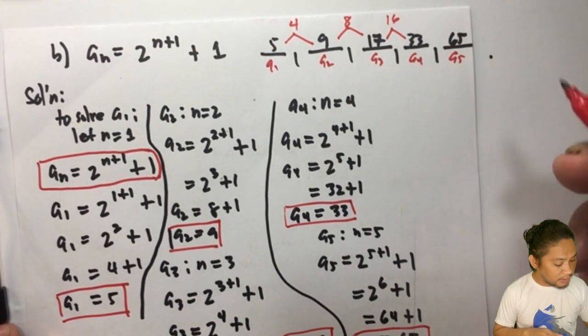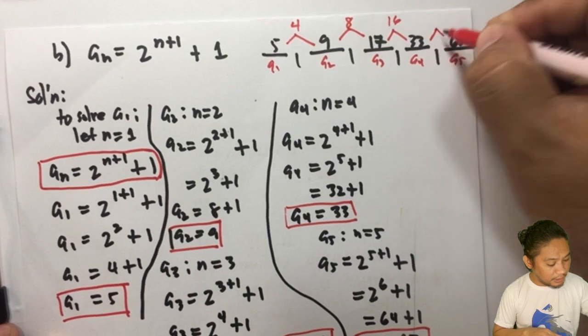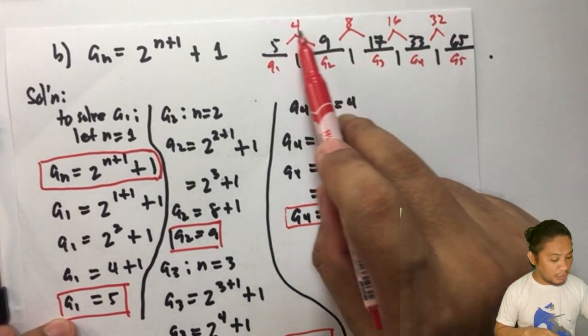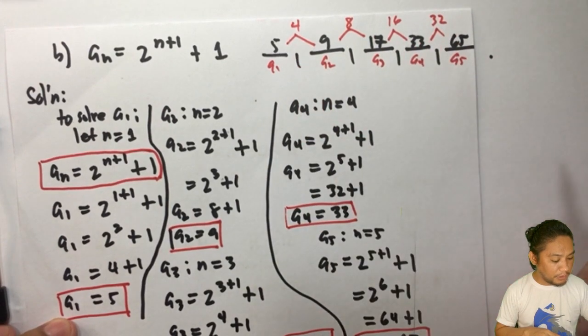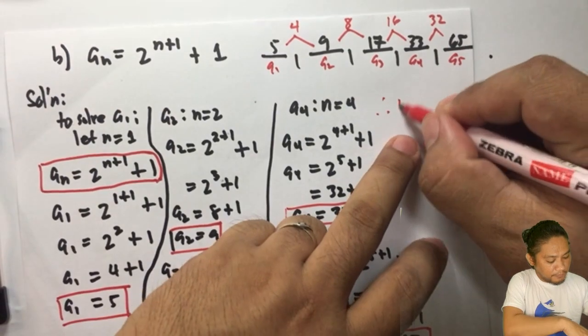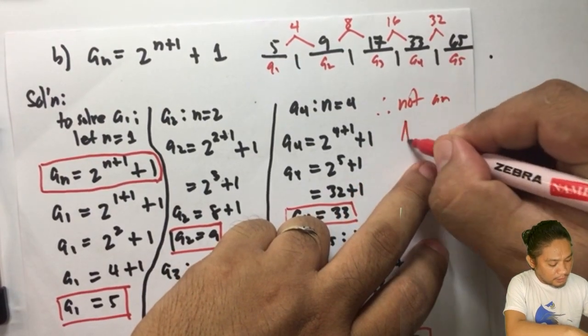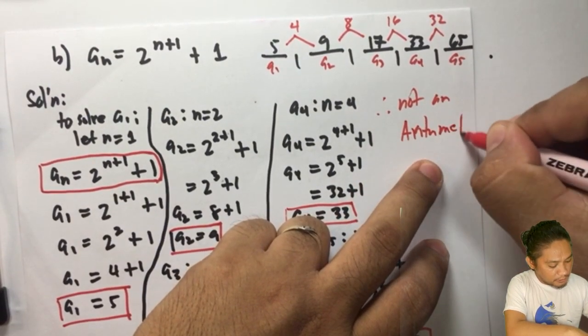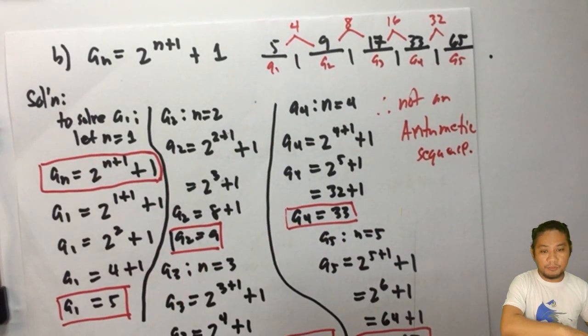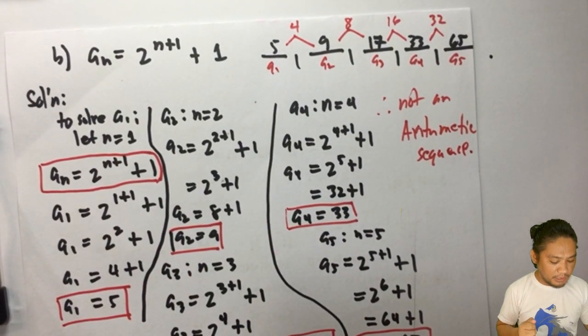And 65 minus 33, the difference is 32. So as you can see, the differences between the terms are not common, so therefore this is not an arithmetic sequence. So it's probably going to be another type of sequence.